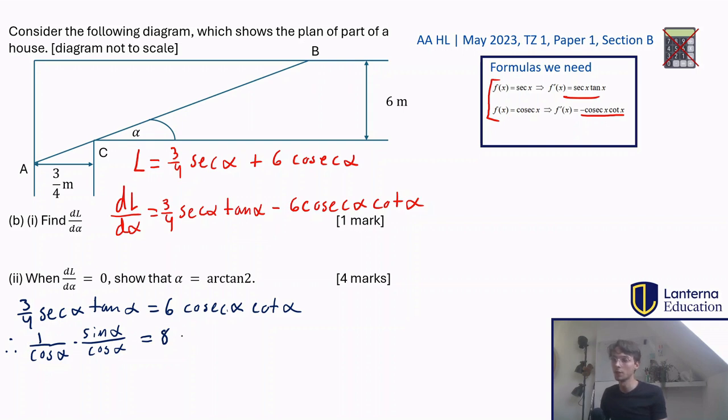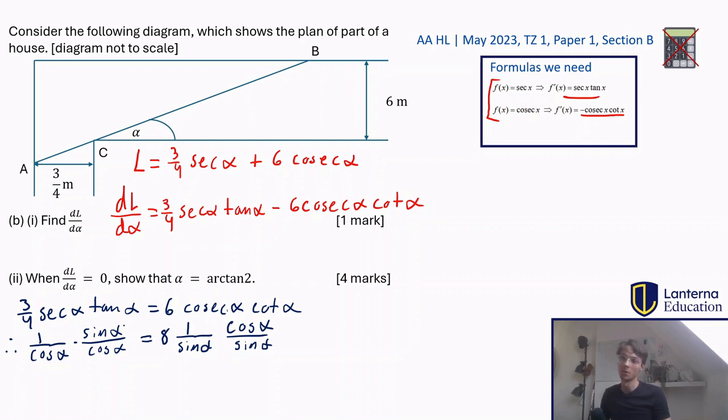Okay, cosec alpha, that was 1 over sine alpha. And then cotangent is 1 over tangent, so cosine over sine. So this would be cos alpha divided by sine alpha. And now we just need to put all the cosines and sines on the same side. If we do a little bit of simplifying, we can see that these multiply together.